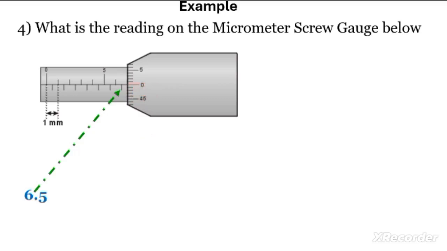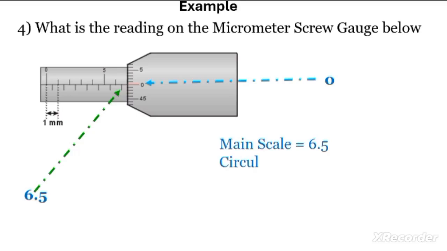So the mark that is coinciding with the horizontal line from the main scale is 0. Okay. So to find the final reading, we are going to say main scale is equal to 6.5. Then the circular scale or thimble scale is equal to 0 times 0.01. We are going to get 0.0.